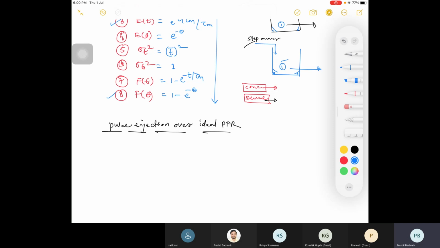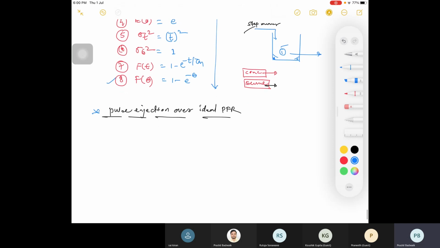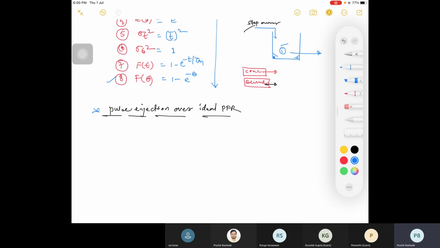It's good to have doubts, but try to clear them. So, pulse injection over ideal PFR.